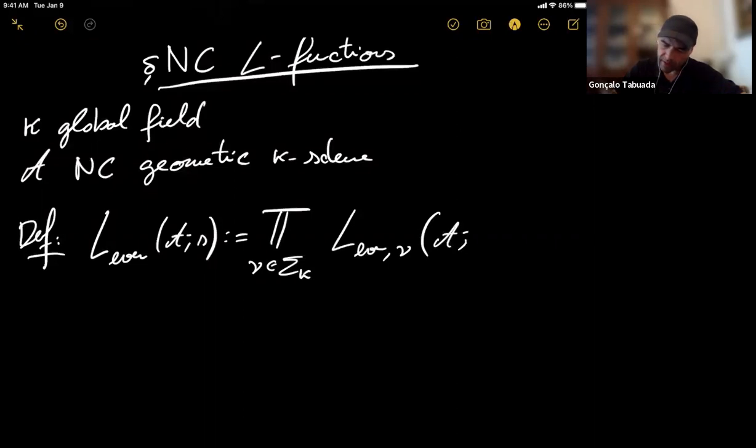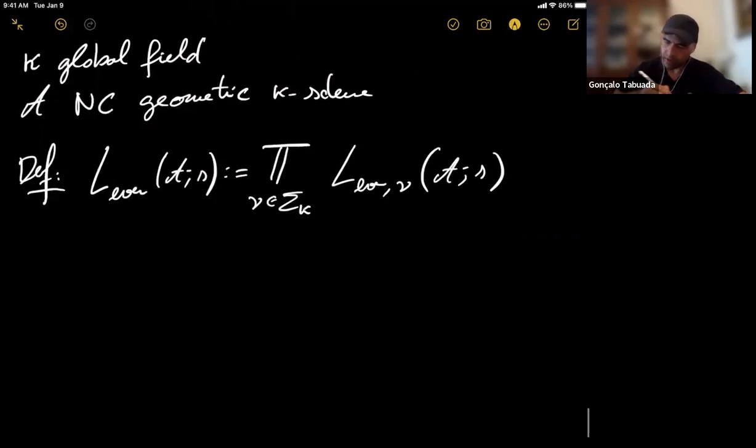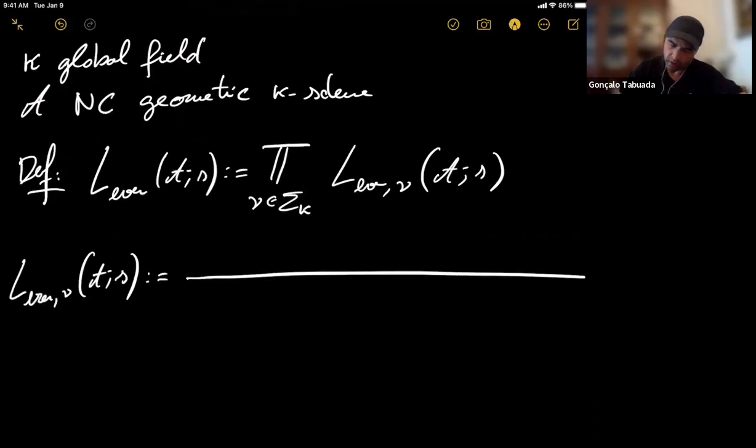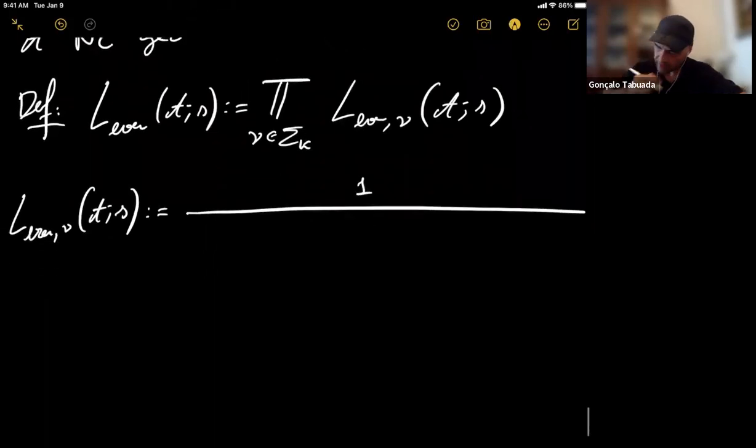And then how is each factor defined? Well, it is as you expect. So for this factor here, you do a similar construction. So you take now the even Orlov, for the even.